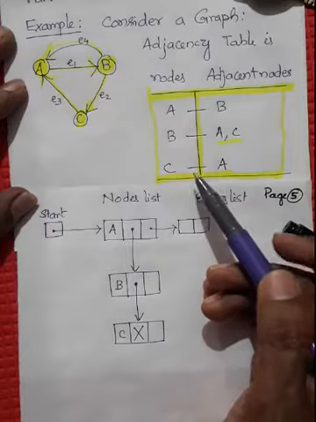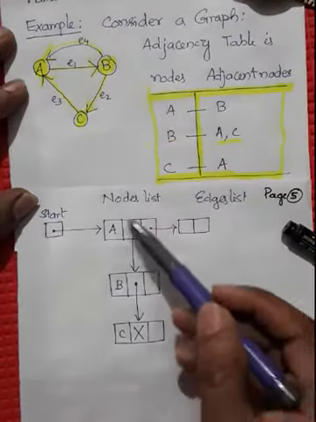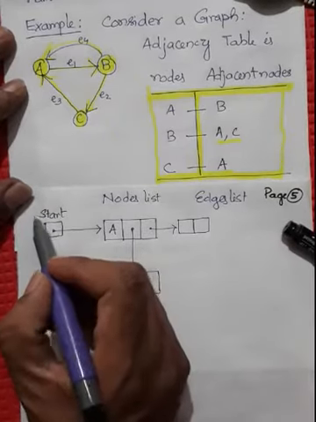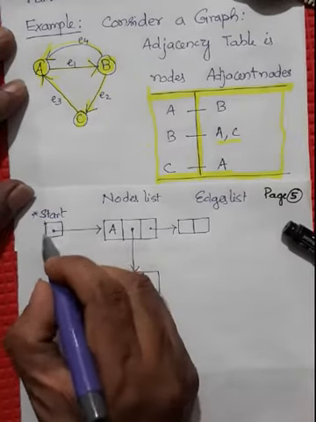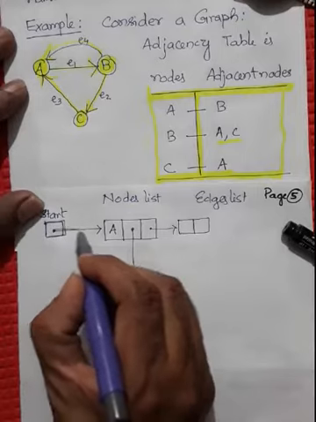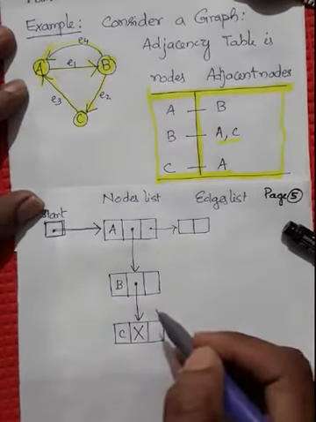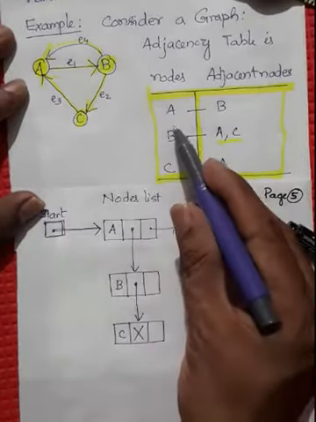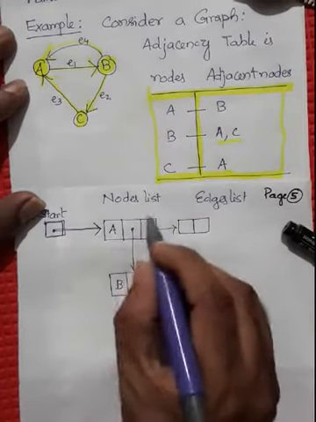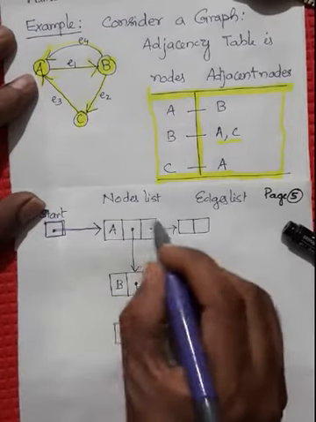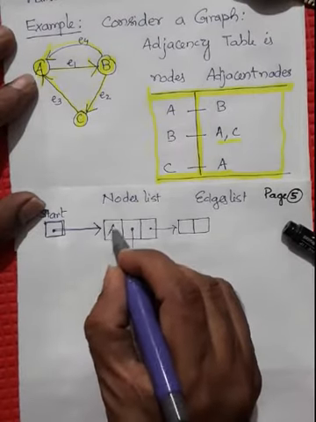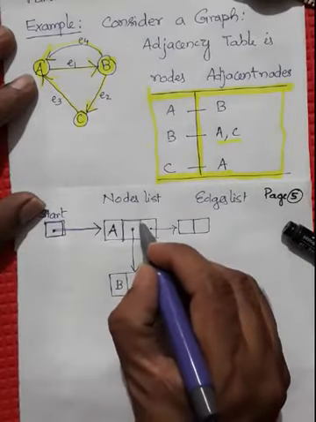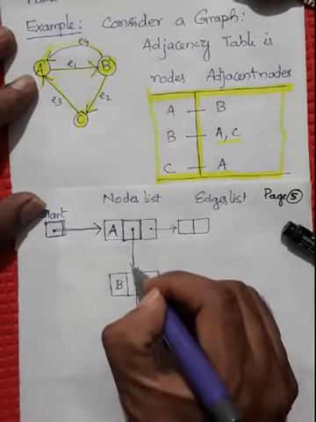Now when you want to represent this graph in linked representation, this is the linked representation. In linked representation, we have taken a start pointer. The job of the start pointer is to point to the first node of the linked representation. Let us say there are 3 nodes A, B, C. A is the first node, so I am creating a node. In the node, the first part is going to contain the name, and the second part is the next pointer that points to the next node.